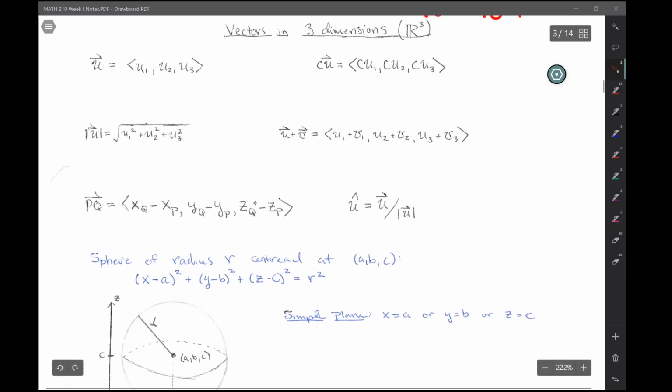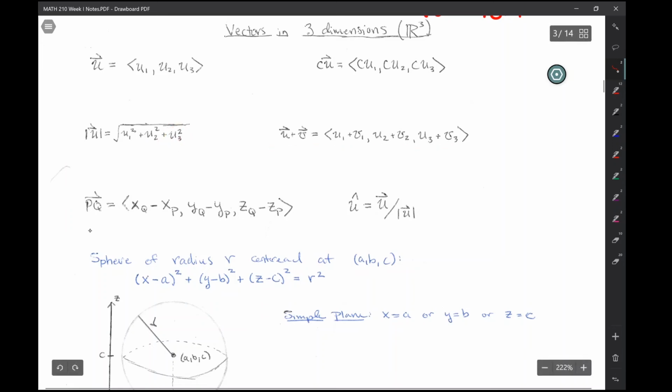So all the vectors we were talking about were in the plane, in the sense that they were in R2. But we could have vectors in 3 dimensions, which is R3. We write them out like this, so you just have an extra component. Scalar multiplication is defined in much the same way. You just have this extra component there. The magnitude, you just have that extra factor in there.